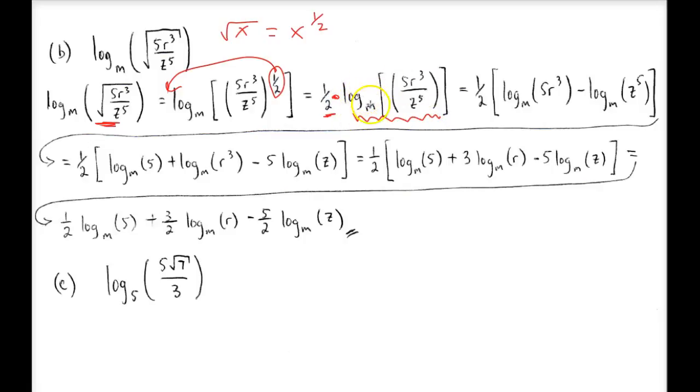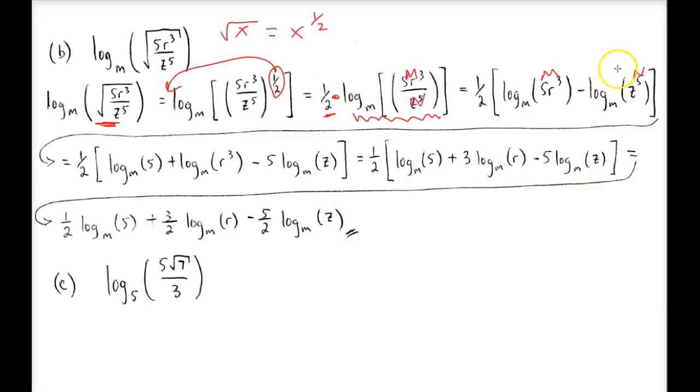And so since we have log base m of something divided by something else, we know that via property 6, we can rewrite that as log base m of the something minus log base m of the something else. Okay, so looking at this as the m, and that's the n, then this is the m, and that is the n. Okay.